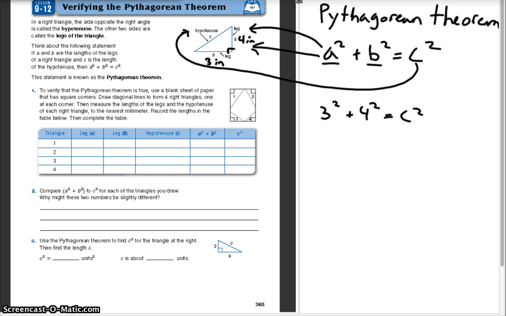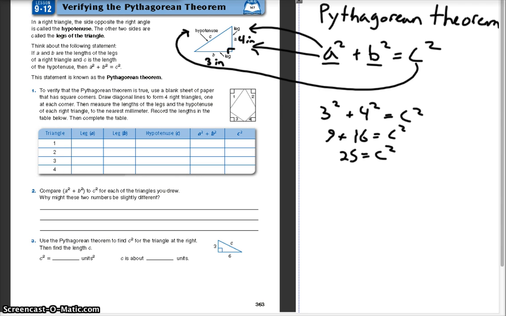What is the hypotenuse going to equal if our legs are 3 and 4? So 3 squared equals 9, and 4 squared equals 16. 9 plus 16 equals 25, so we're dealing with 25 equals c squared.